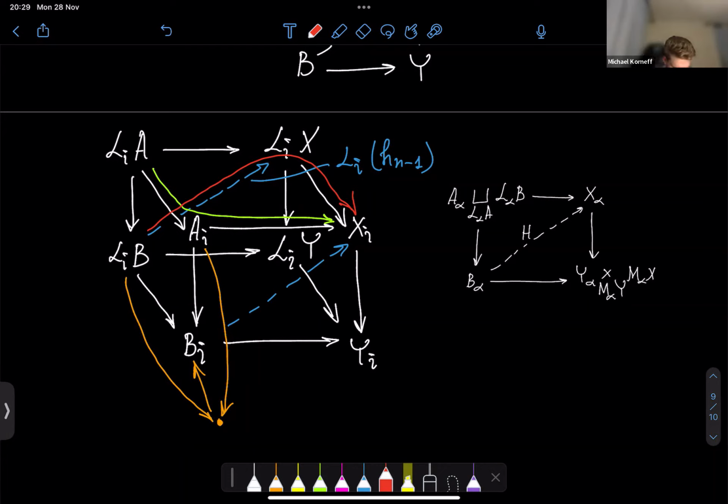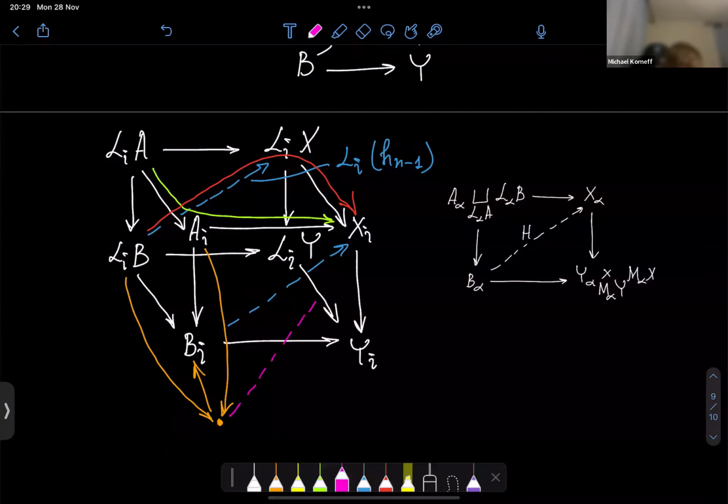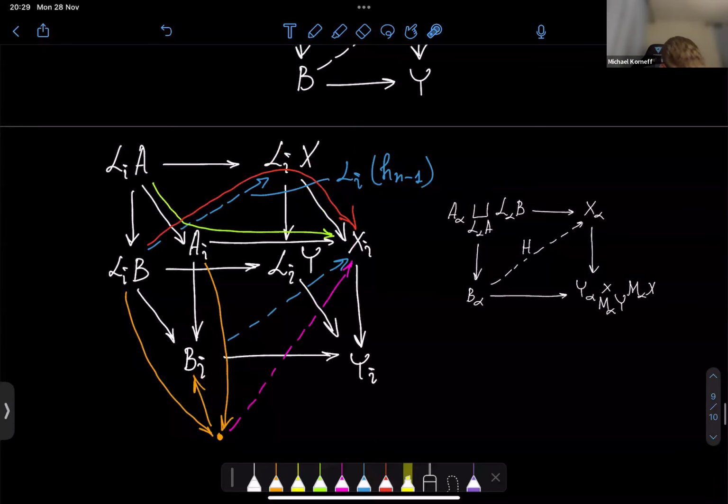And then we will obtain the following map.